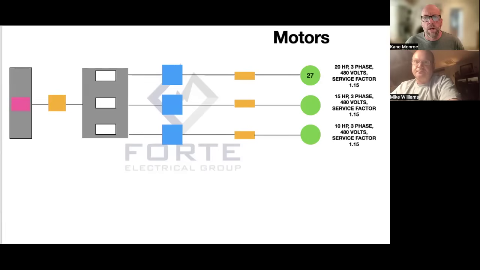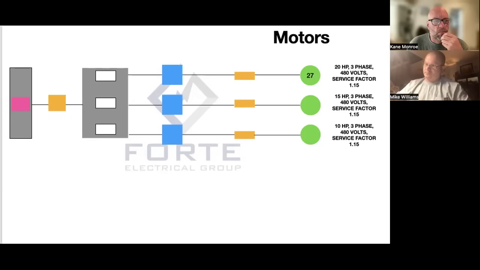So for step number 1, we go back to 430.250 and look at our FLC. So 20 horsepower, 480 volt is 27.